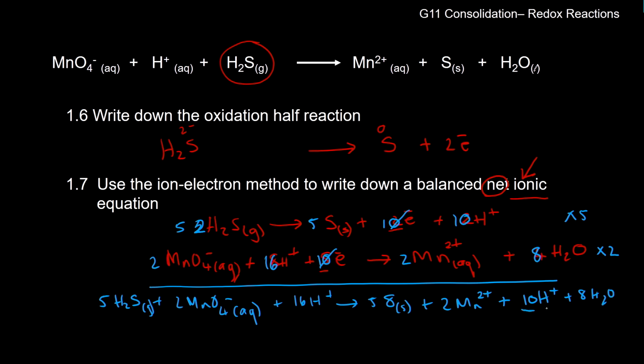Now we've got 10H plus here and we've got 16H plus there, and so we can cancel those out and we end up with 6H plus. Right, that is the balanced equation.